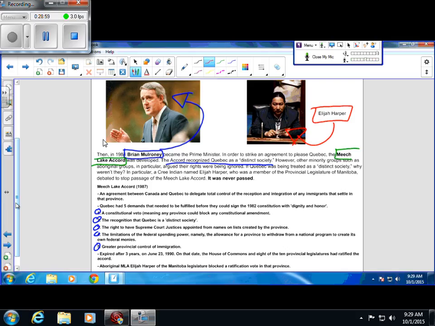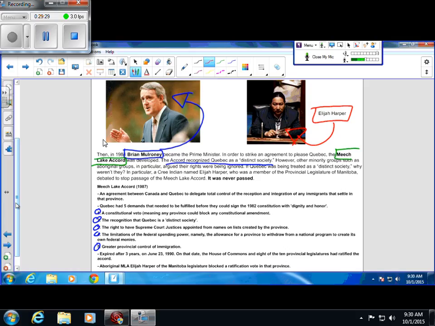Elijah Harper, he's a Cree Indian, a political legislative member of Manitoba. This is what he argued, this is what he debated. He argues, hey, if Quebec is being recognized and treated as different, as a distinct society, why can't we, the First Nations, Indigenous, Aboriginal people, be recognized as a distinct nation or society as well?